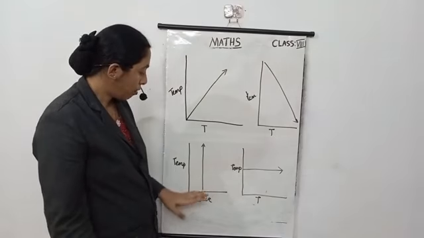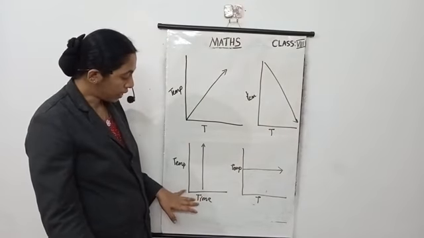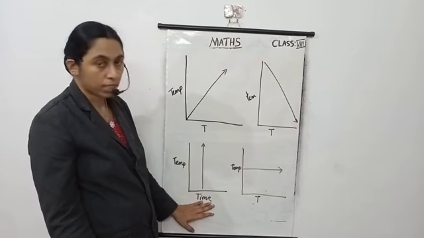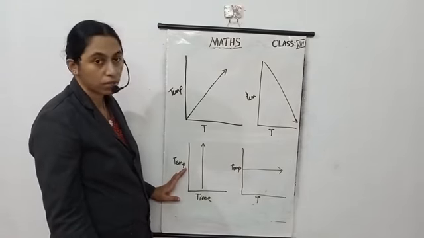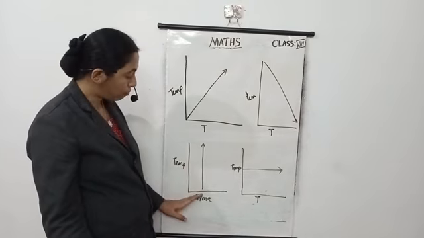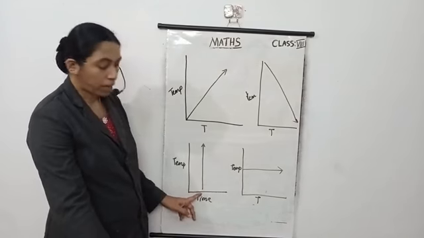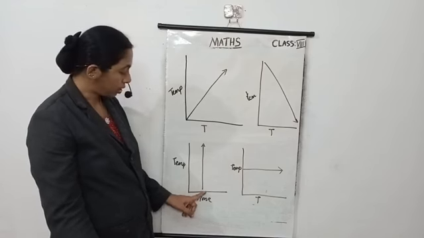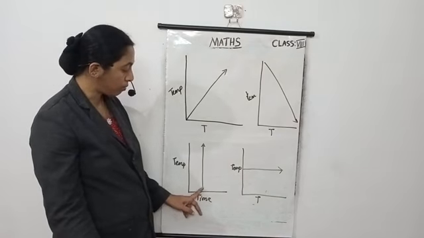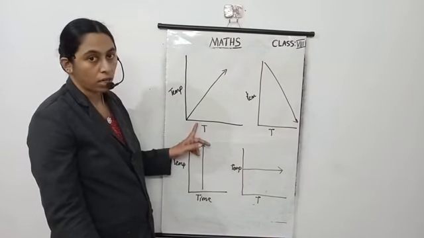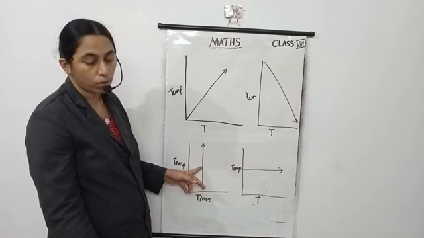Okay. Now next is another graph. For this, time on this side, temperature on this side, and this graph represents that at one particular time, temperature increases continuously. It is not possible.